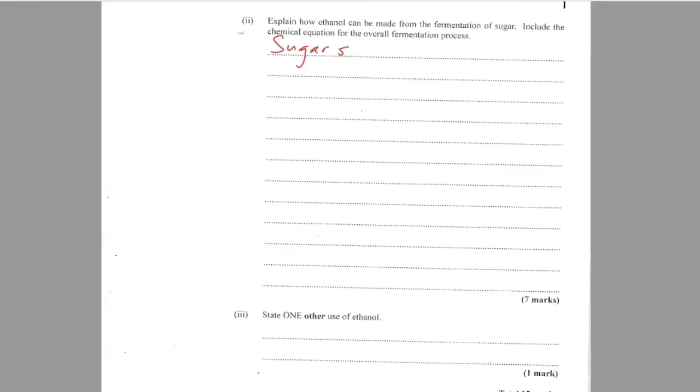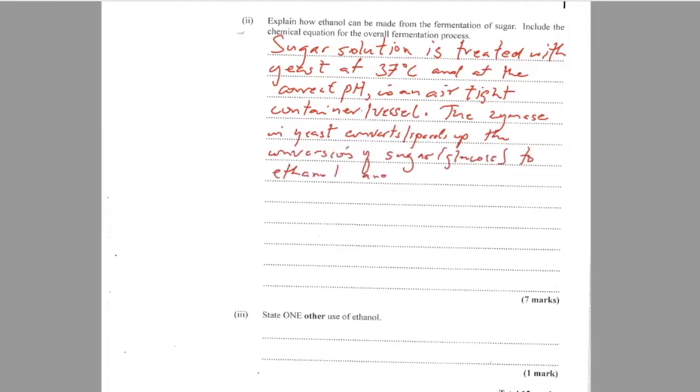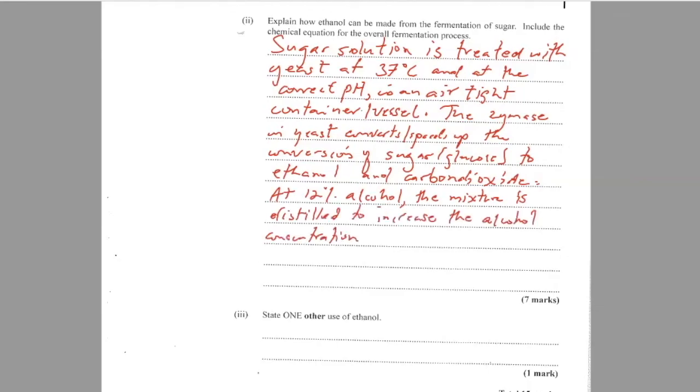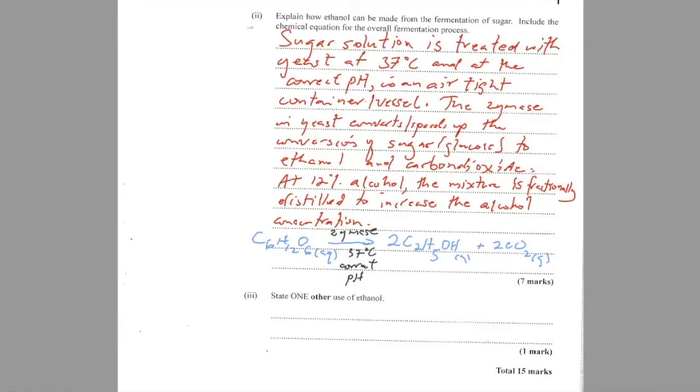So we're just going to write that down. The other thing that must be noted is that we need to state the correct pH, because the enzyme zymase is pH sensitive.